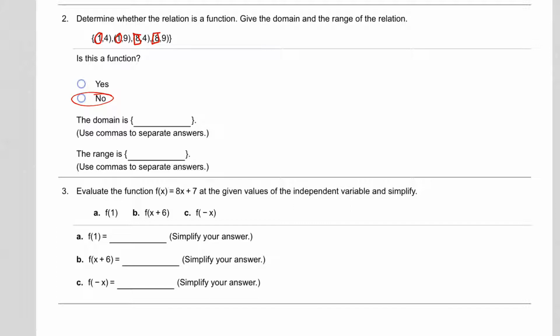Now we're going to go ahead and list the domain. When listing in both of these cases, we have no repeating numbers in a list.